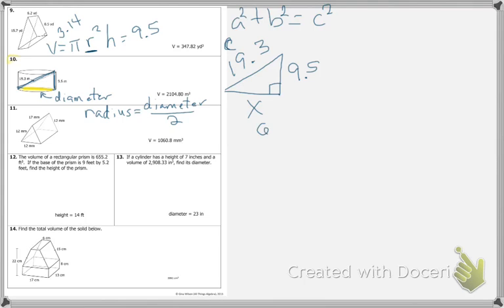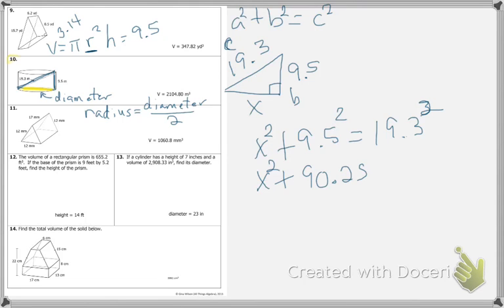Let's say this is a and this is b. We already know the formula, so we go x squared plus 9.5 squared equals 19.3 squared. 9.5 squared gives me 90.25, which is equal to 19.3 squared.